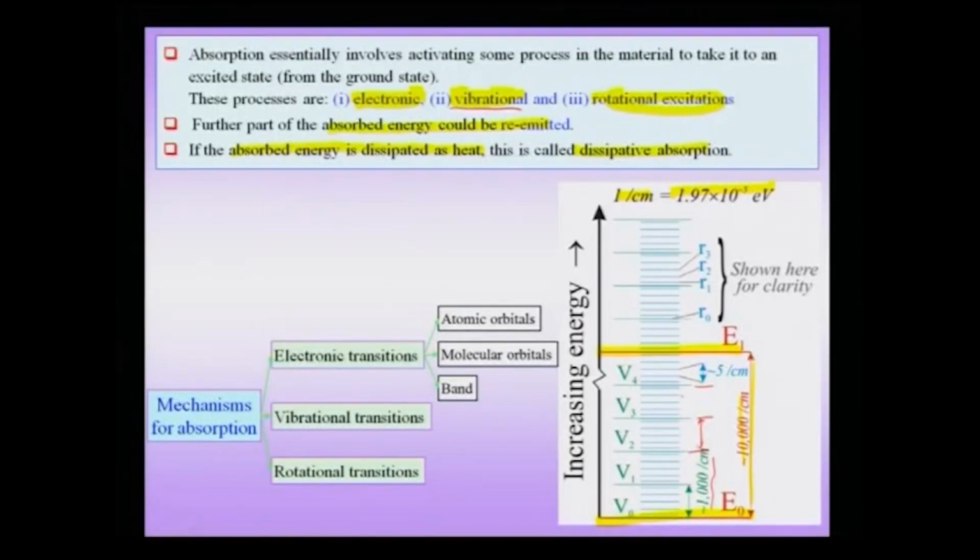That means that if I am having an electromagnetic spectrum, the electronic transitions are typically excited by the high energy radiations, while the vibrational transitions are excited by a slightly lower energy radiation. Finally, the rotational excitations have an even smaller spacing, which is shown here, or for clarity I will show it here, and that means that I have to impose a very small energy to excite a rotational excitation.